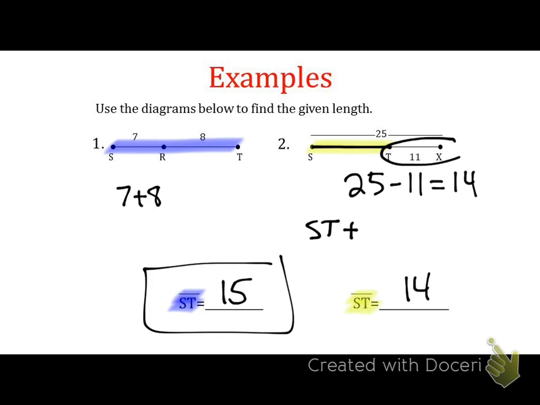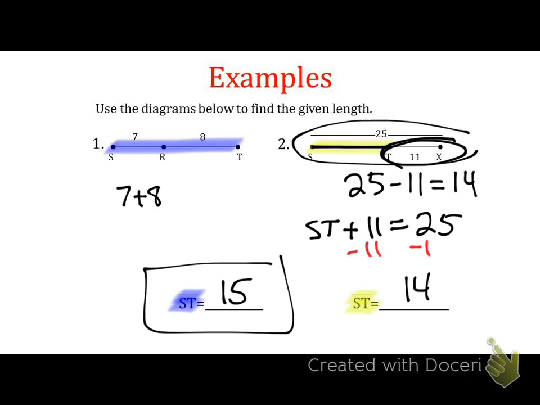Plus 11 would have to give us the whole thing of 25. And then you subtract the 11 from both sides. I don't require this of you, but it might help some of you get the problem started, especially if you're staring at it and you're like, I don't even know where to begin.